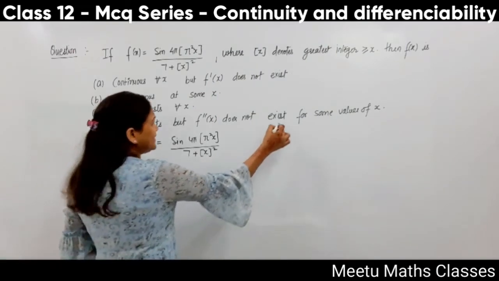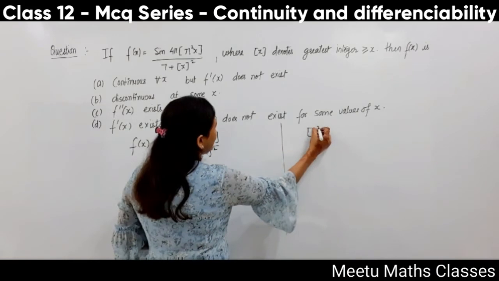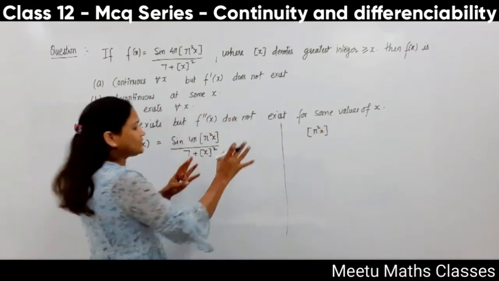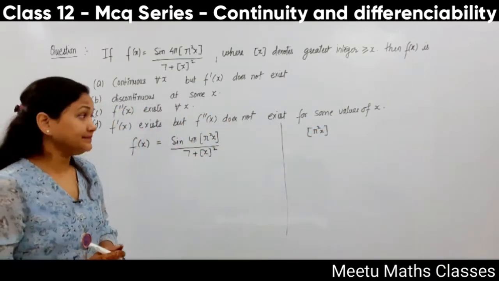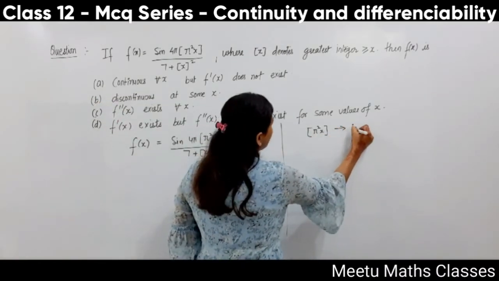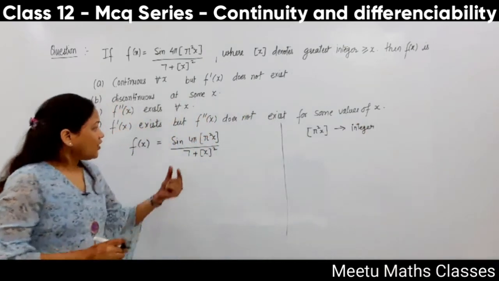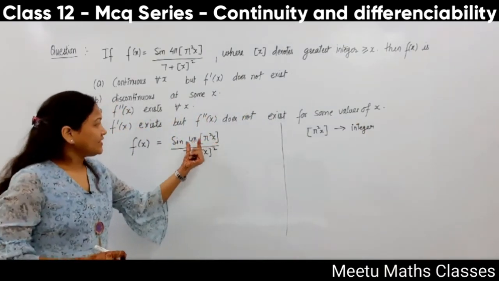Now there is a working that greatest integer of anything, ये कुछ भी हो, pi square x will be a constant, इसका ग्रेटेस्ट इंटीजर फंक्शन जो भी आएगा that will give you an integer, और 4 भी एक इंटीजर है और ये भी एक इंटीजर है.